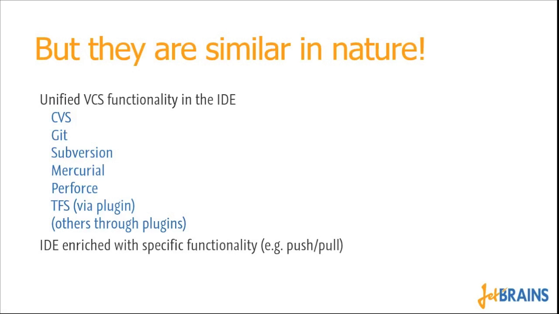Of course, if you're using Git instead of Subversion, there is some specific functionality like pushing and pulling. The IDE will know that you're using Git, and based on the type of version control system that you are using, it will add some additional menus and additional options to work with specific functionality, like, for example, a push and a pull.